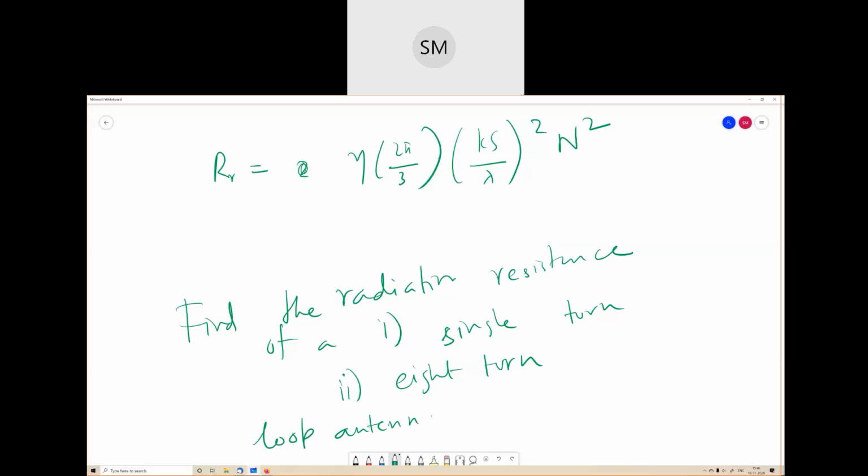This type of questions you can expect in the exam, not the derivations. Radius is lambda by 25 and eta equal to eta naught. These two things are given. How to solve it? Just put the values.